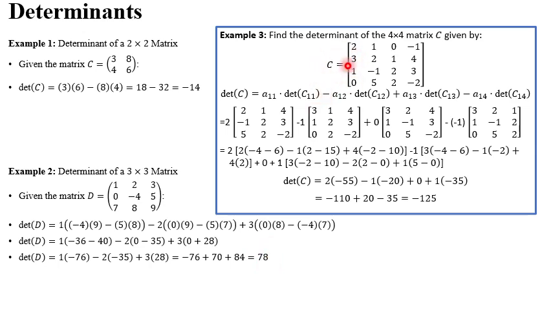The third example will be to find the determinant of a 4 by 4 matrix, this matrix C. So the determinant will be, take the first element in the first row, which is 2, you write that down, and you then cover the elements in the row and column relative to the first element in the first row.